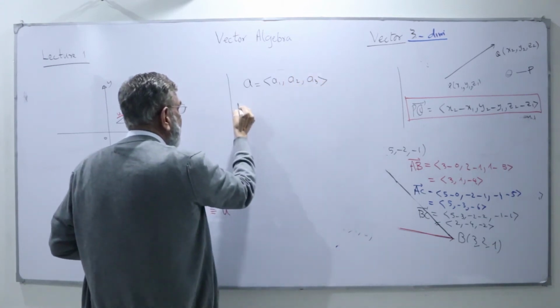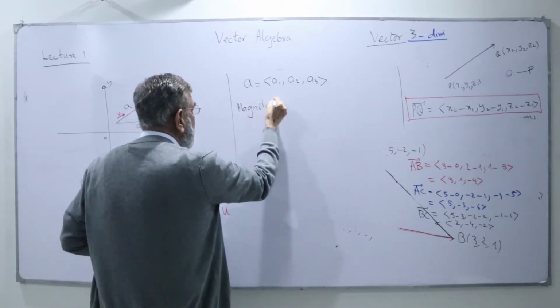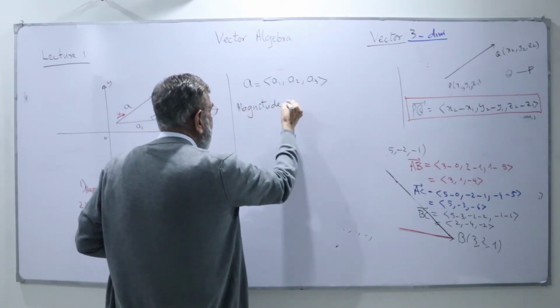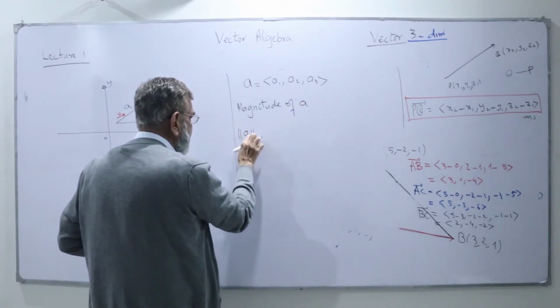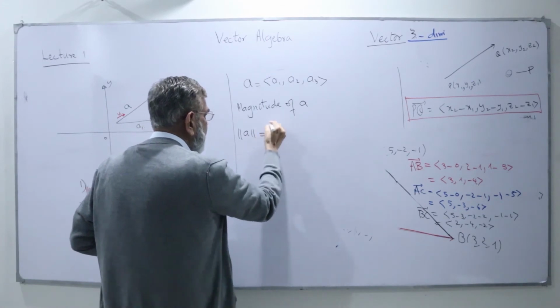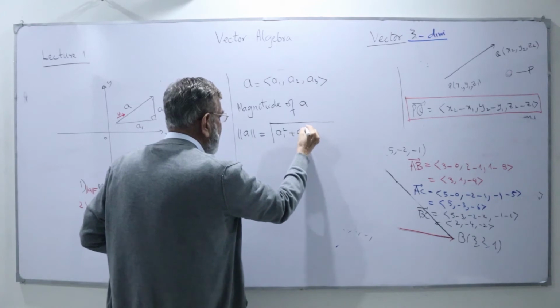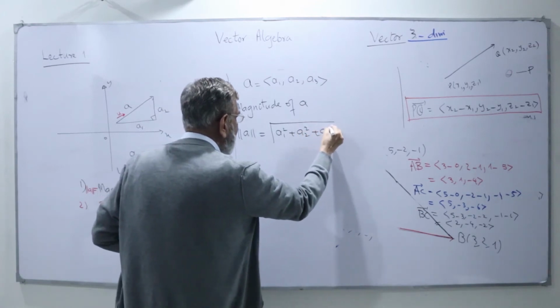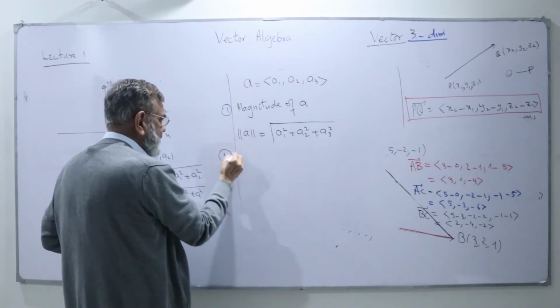The magnitude of vector A, which we denote by double bars, is equal to the square root of A1 squared plus A2 squared plus A3 squared. That's number 1.